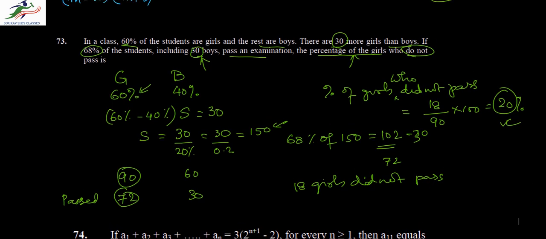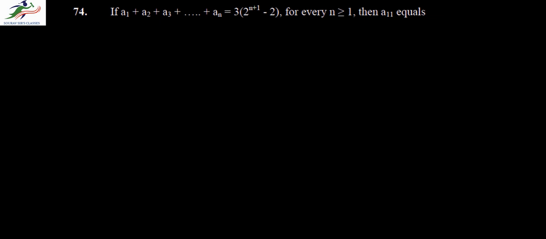We move to the next question, which says if a1 plus a2 plus a3 all the way up to an is equal to 3 into 2 to the power n plus 1 minus 2 for every n greater than or equal to 1, then what is the value of a11? Now we can do this kind of problem in two ways.